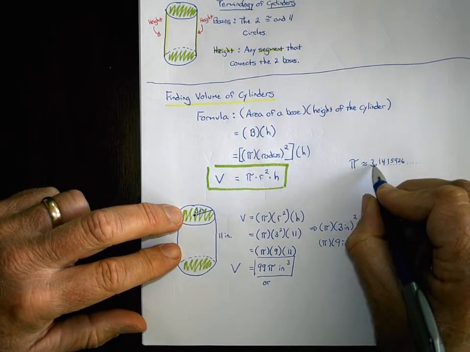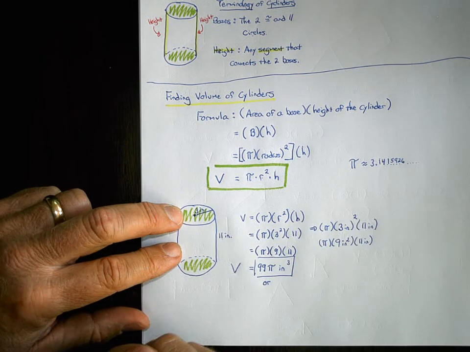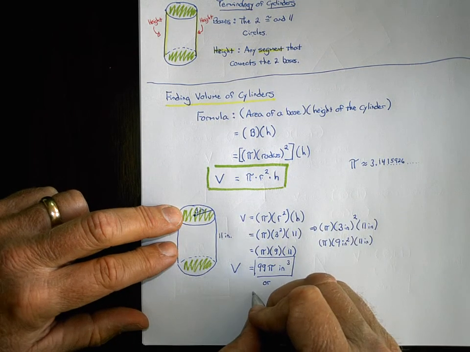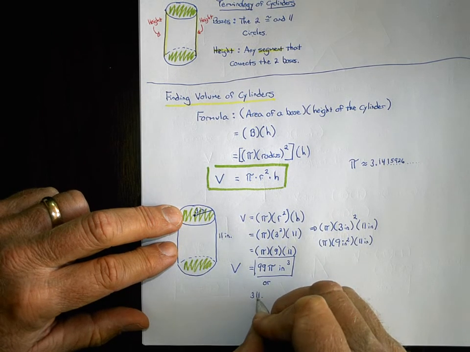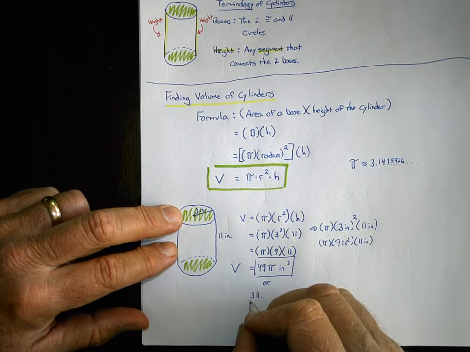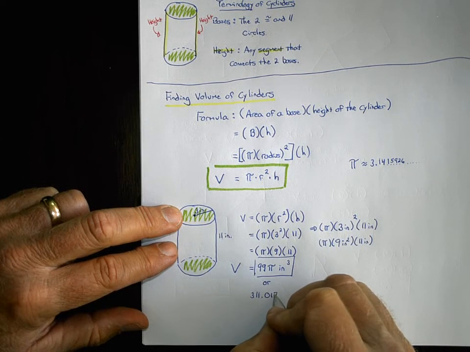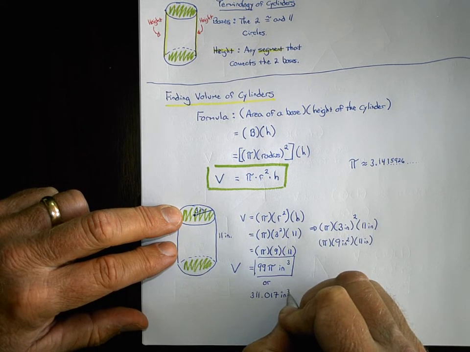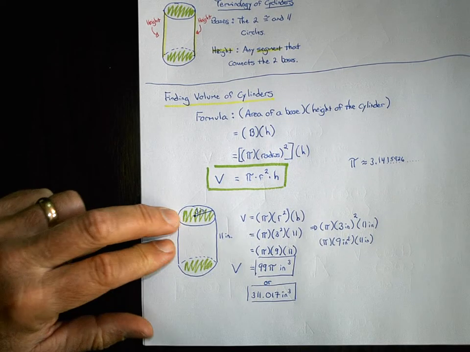But if we multiplied this out, we would get a decimal for this, and it would be about 311 point, and I'll go ahead and carry it out to the thousandths spot, so 0.17 inches cubed.